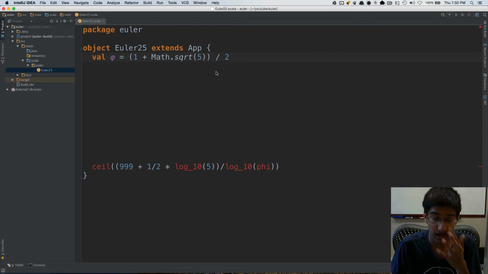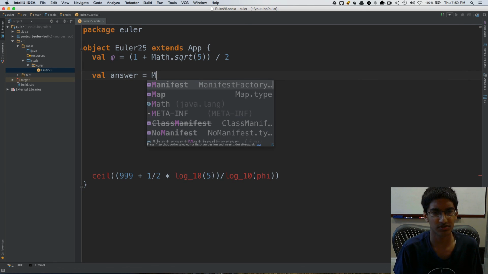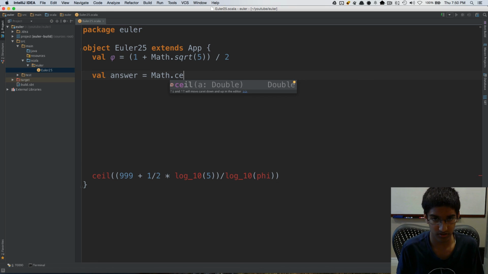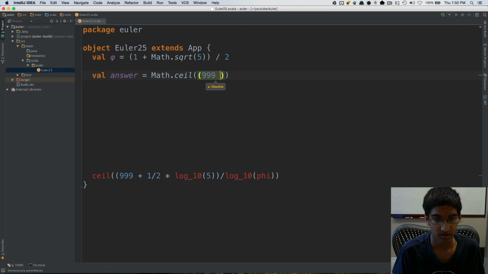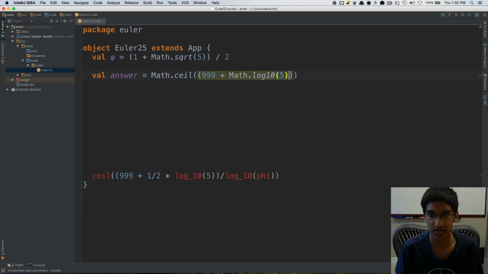So now that we have this, we just implement the rest. Val answer equals math dot ceil of, and we have 999 plus, and now we do math dot log 10 of 5. We divide this by 2.